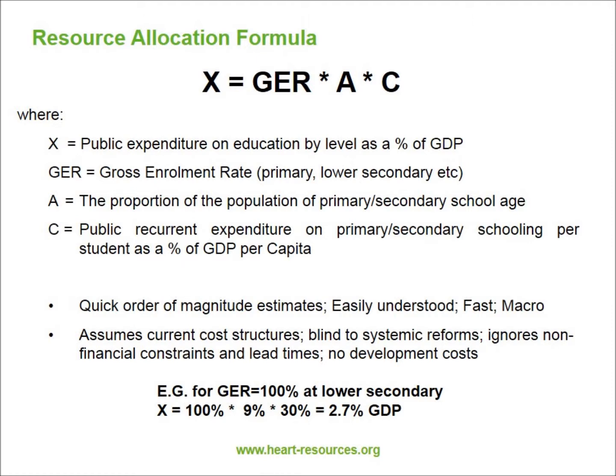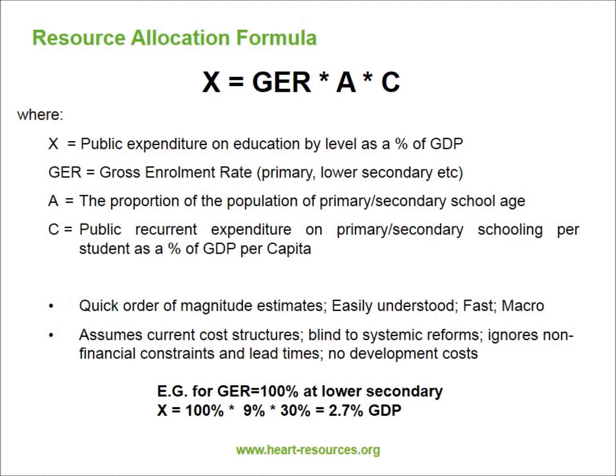That equation is on the screen in front of you now, and a simple example shows how it works. Using that equation, you can determine the proportion of public expenditure you need to universalise secondary schooling, since you know the parameters on the right-hand side of the equation.